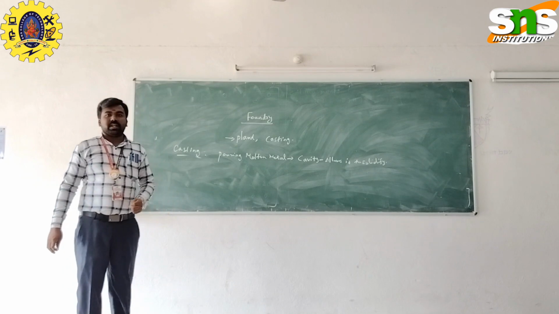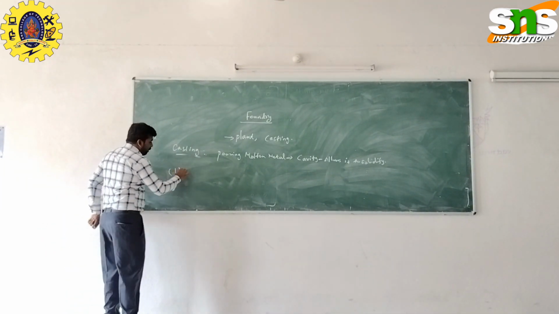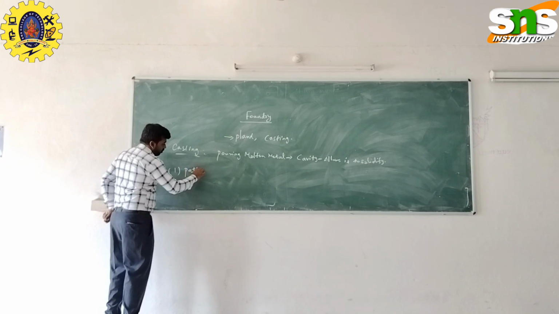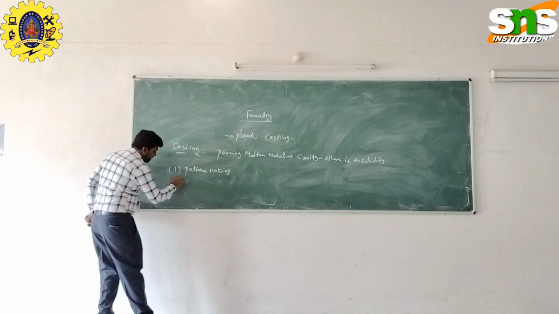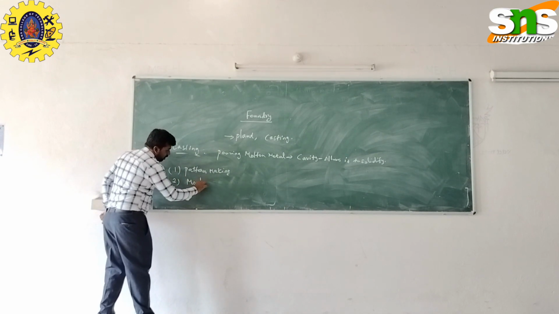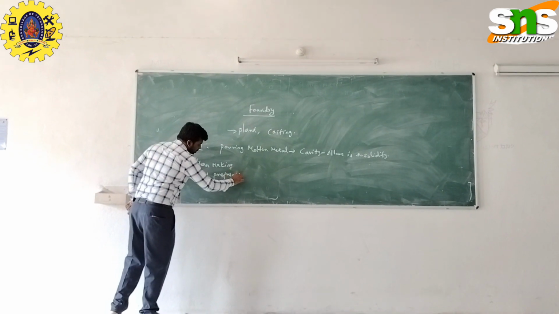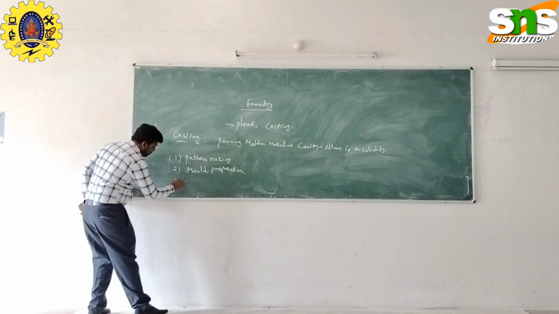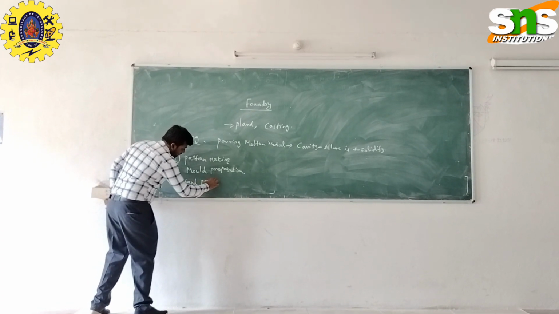For the casting process, there are three very important processes. The first one is pattern making. The second one is mold preparation. And the third one is mold sand preparation.